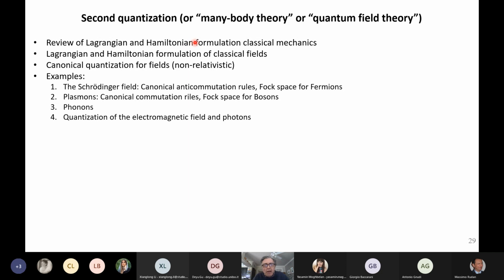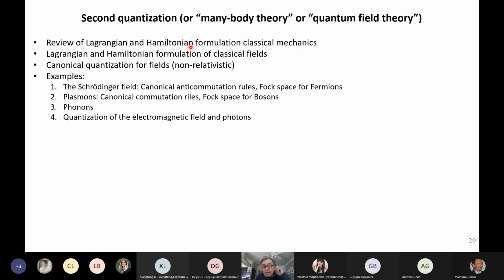If I have big N of these particles, then I will have 3N of them. We will let this index i, which runs over a countable number of integers, go to a continuum. And that will be it. And then we'll have essentially a formulation of fields in terms of Lagrangians and Hamiltonians.